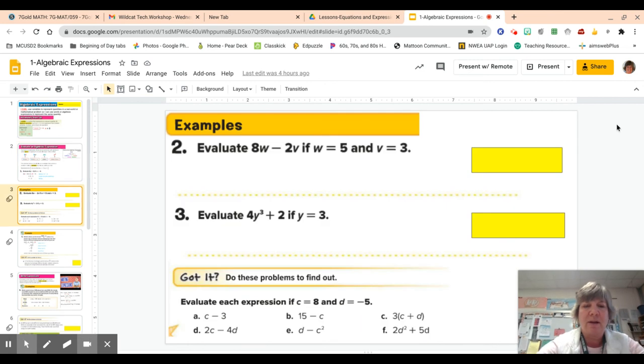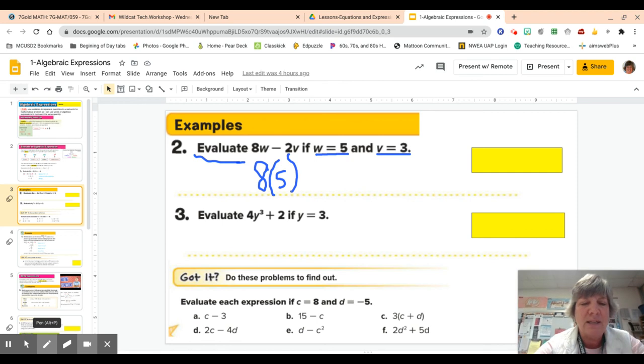All right, let's see how this looks here. It says to evaluate, remember evaluate means to solve, 8w minus 2v. I know they are times because they are right next to each other. So if w is 5, I might put the 5 like so. If I put them right next to each other without parentheses, I might be so inclined to think that it's 85, and that would not be true.